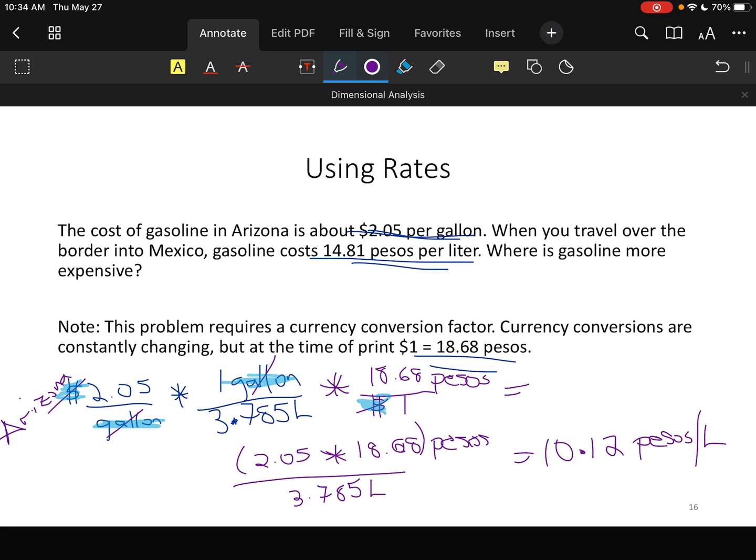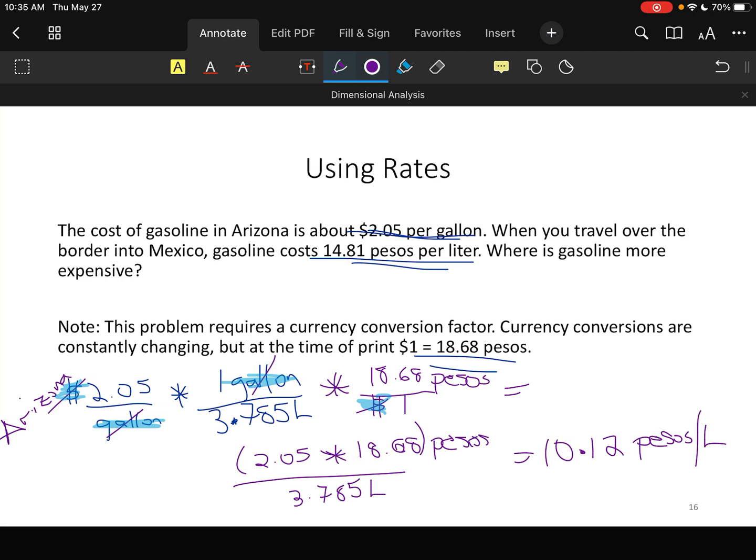So Arizona's gas price in pesos per liter is 10. Did I tell y'all wrong? Hold on, let me make sure. Well, 10.12. Yeah, 10.12 pesos per liter.